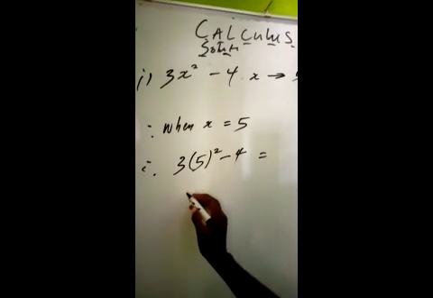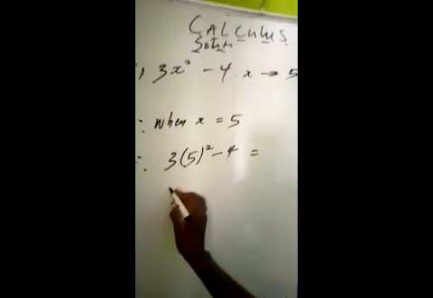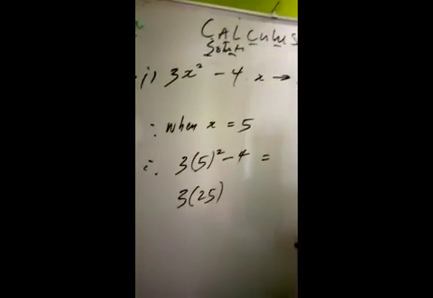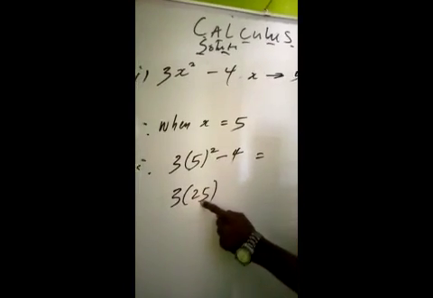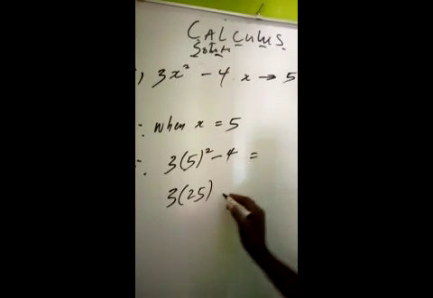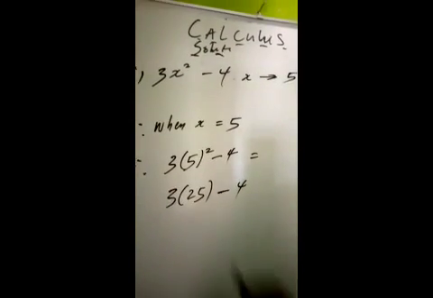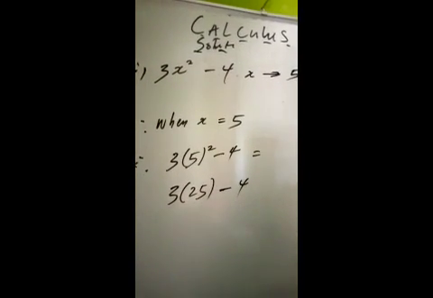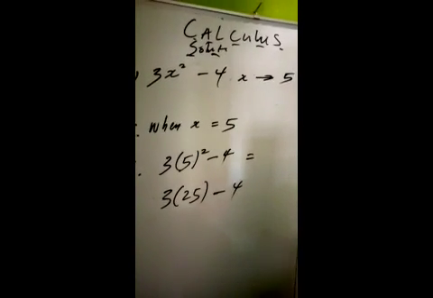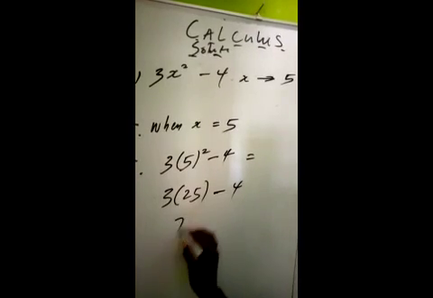Then from this point, you have it as 3 into 25. Do you remember how we got 25? Because 5 times 5 is 25. And remember, in mathematics, a bracket means multiplication. So we have it minus 4. So you say 25 times 3 is 75. Then you have it as 75. The reason why we multiply is because of the bracket.